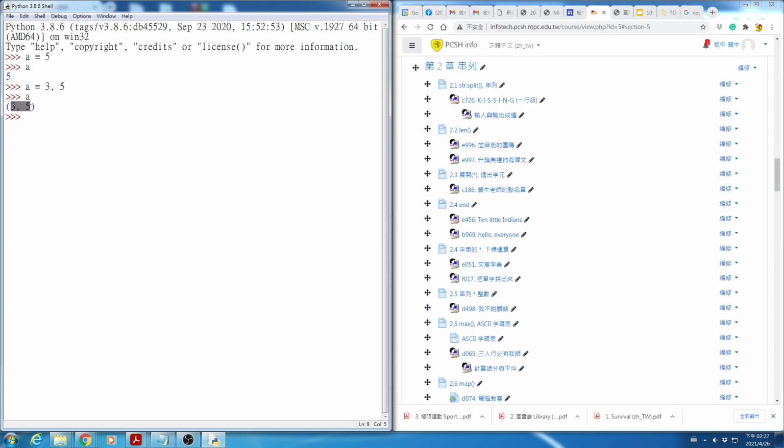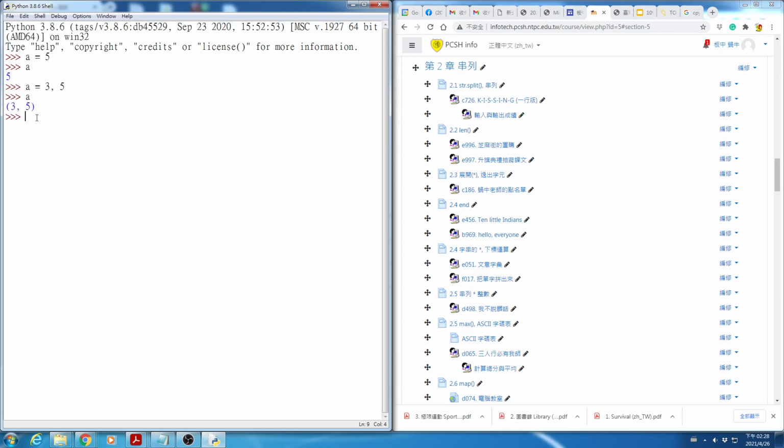Before we assign two values into one variable, Python will pack these two values into a special structure.